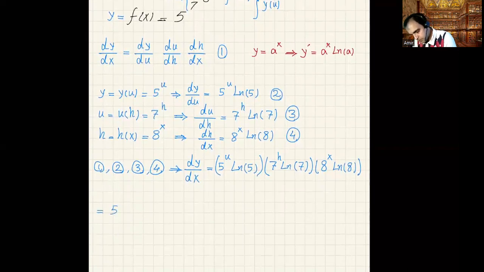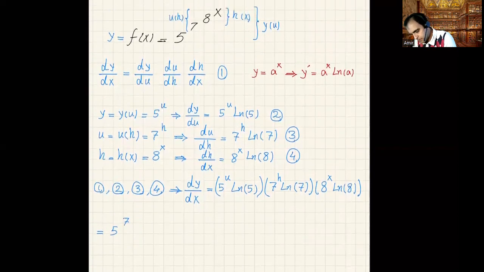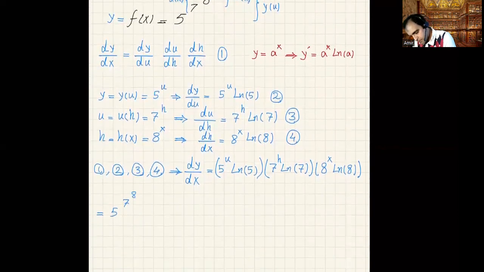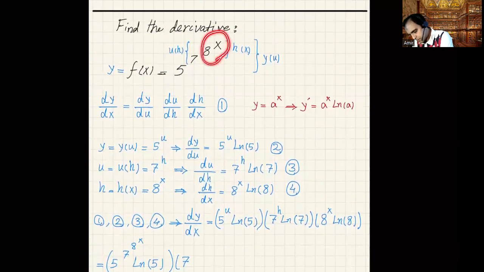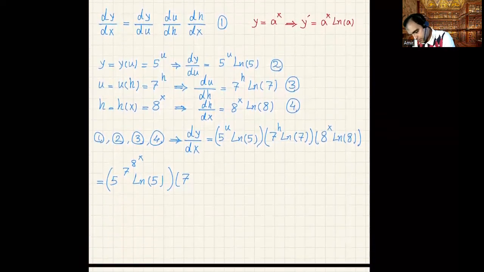It equals 5 to the power of 7 to the power of 8 to the power of x, ln of 5. So this is the first bracket. I replaced u with this one, and then 7 to the power of h. h is this one, so it's going to be 7 to the power of 8 to the power of x, ln of 7, and then 8 to the power of x ln of 8.